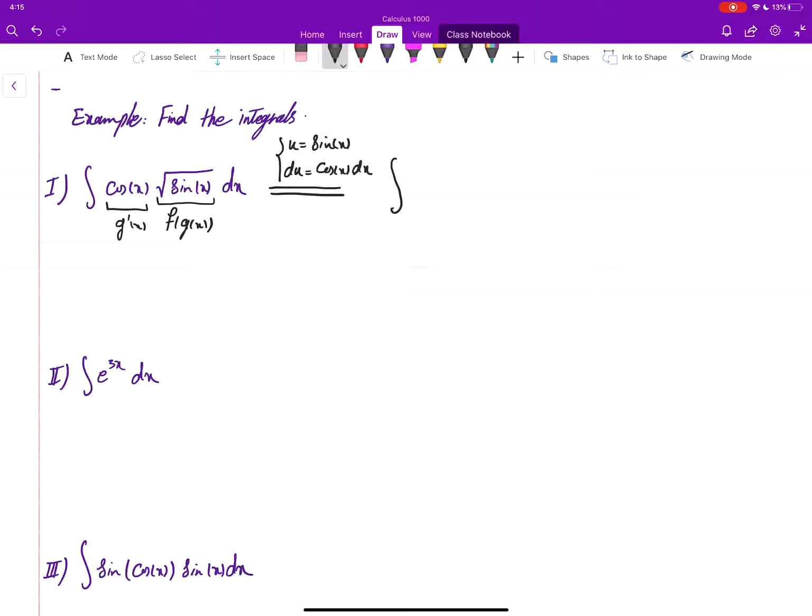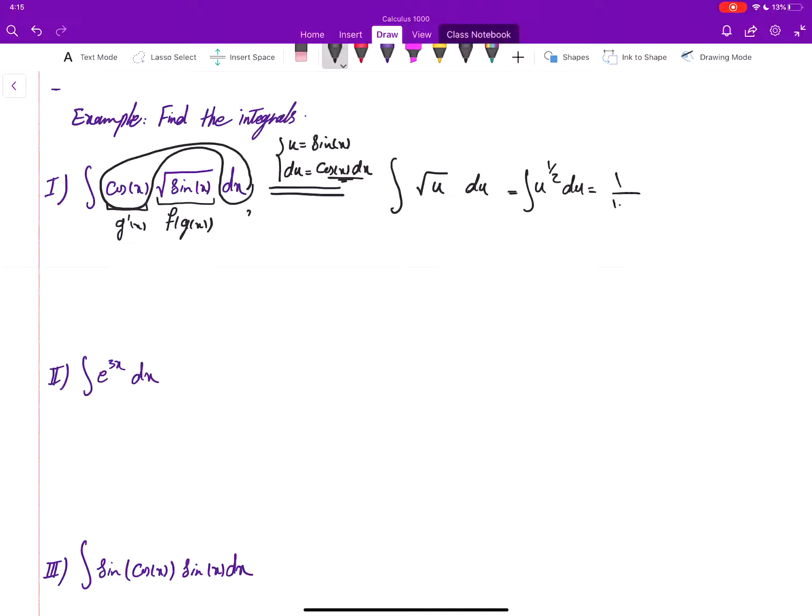Now it's time to turn everything into a u integral. cosine x dx is du, so I will put du for this part. And here, f at sine x is u, so this will give us u to the power half.